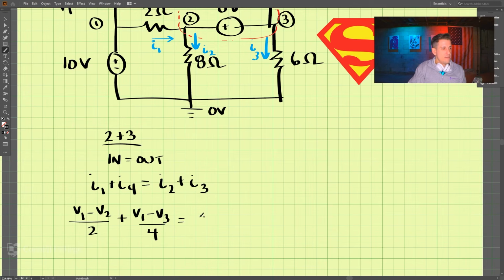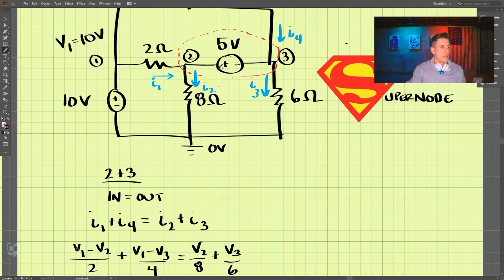And then we have I2, which is V2 minus 0 divided by 8. And then I3 is V3 divided by 6. So this is our equation for the supernode.